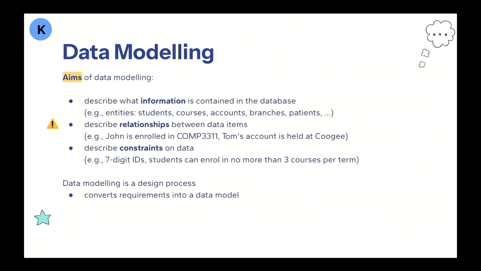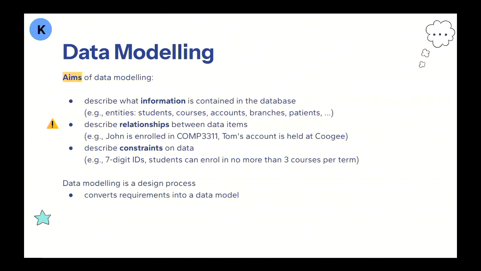So for example, John is enrolled in this COMP3311 course. So enrolled is the relationship here. And maybe Tom's account is held at Kuji. So held at is the relationship here. So we need to find a way to describe the relations between different data items.